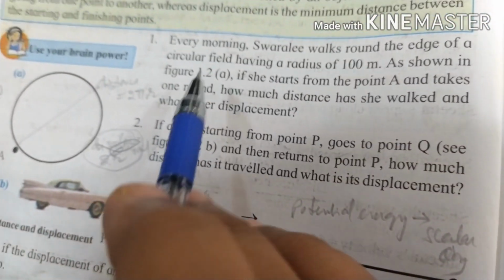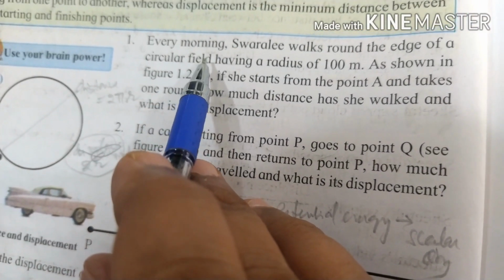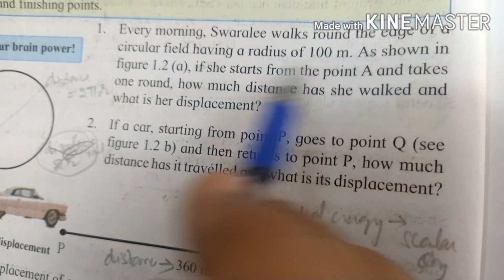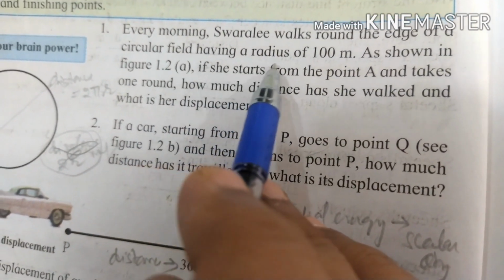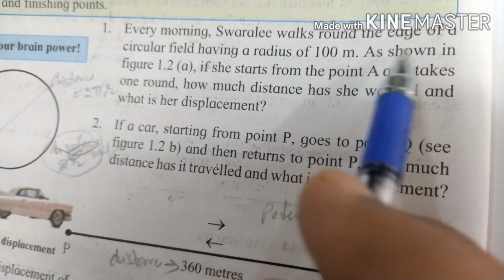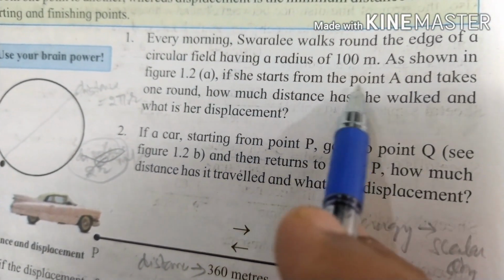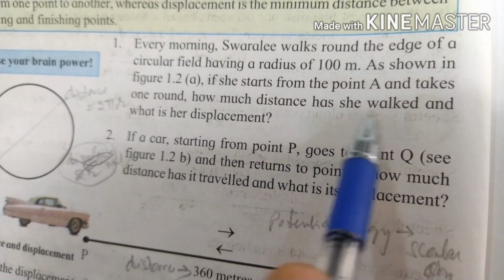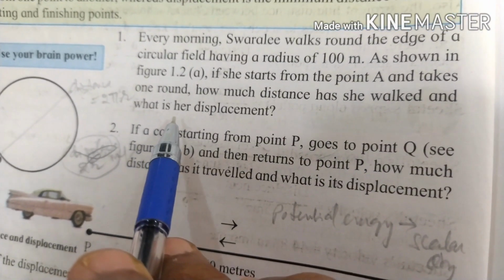Now the second example is given. Every morning Swarali walks around the edge of a circular field having a radius of 100 meter, as shown in figure 1.2a. If she starts from the point A and takes one round, how much distance has she walked and what is her displacement?